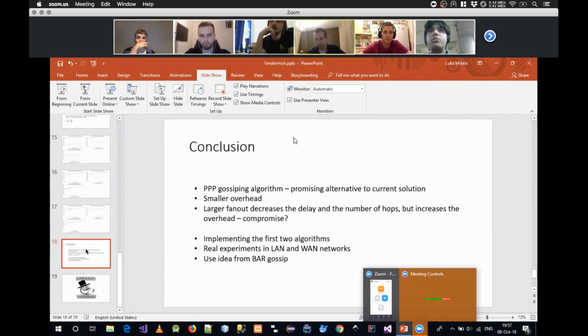Some will be rational, which means they will not behave according to the protocol if it's not in their favor. And altruistic are what we assume as correct nodes; they will always follow the protocol. The goal is to design the protocol in such a way that even if all nodes are rational, it will still guarantee sufficiently good throughput and latency.